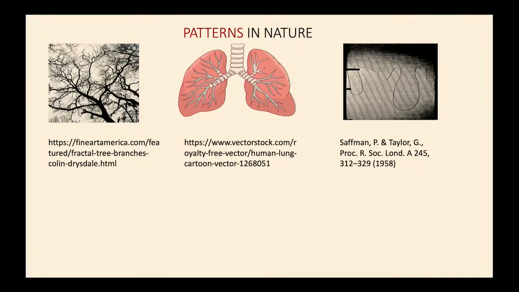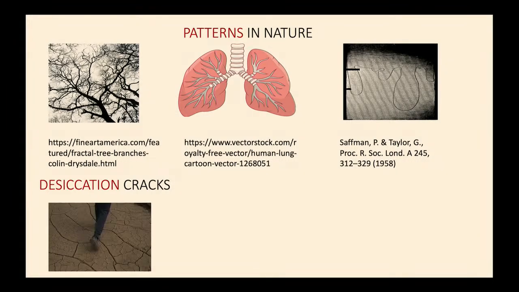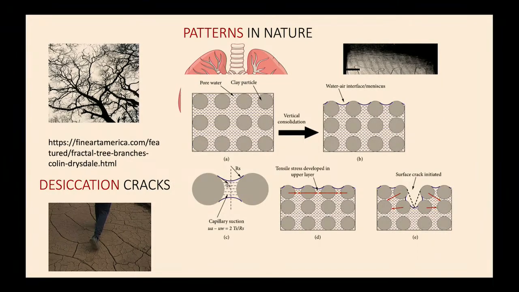Okay, so patterns are beautiful for an experimentalist. There's another kind of pattern, and these are desiccation cracks, okay, cracking of soil. Clay of course is a major ingredient of soil. So there are some model soils that we made in the lab and we tried to do some experiments with. So why do cracks form?